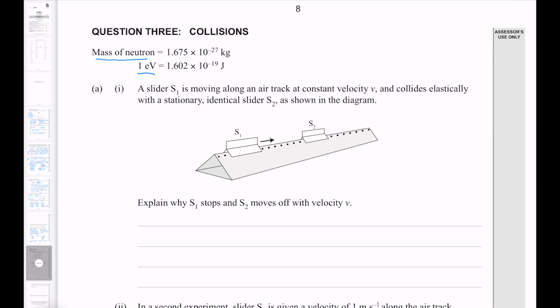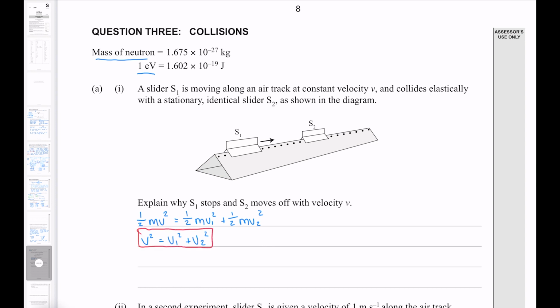Let's start by saying that our initial kinetic energy, which is the kinetic energy of S1, where v is the initial velocity of S1, and m is the mass of S1 and separately S2, they're both identical, is equal to the kinetic energies of S1 and S2 afterwards, where V1 and V2 are the velocities of our sliders S1 and S2 respectively. We can divide our half mass out, which gives us this Pythagorean relationship here.